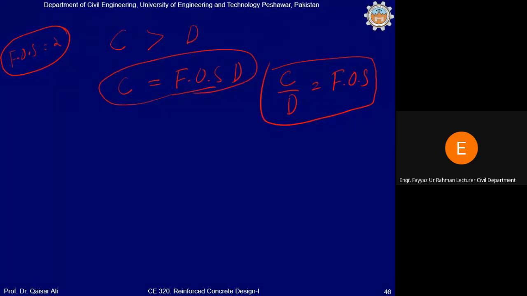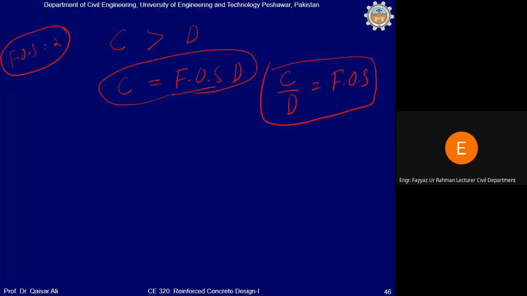After 3 hours, you will stop me and you will say that we cannot absorb anymore. Clear? So you have this capacity, but you are keeping some margin of safety. Clear?